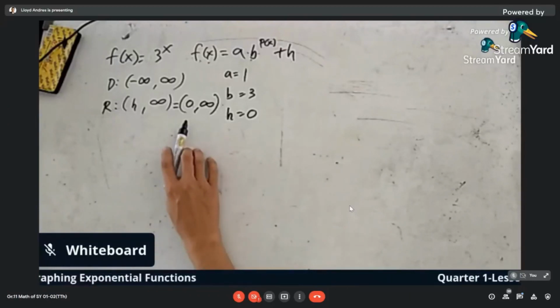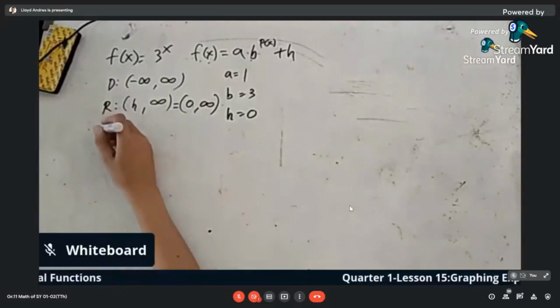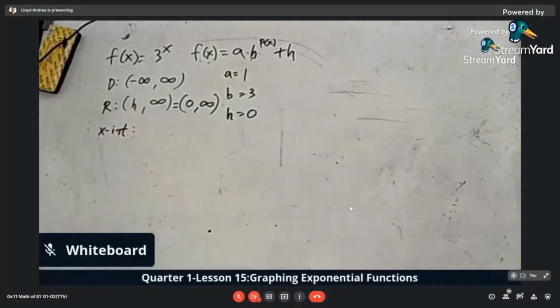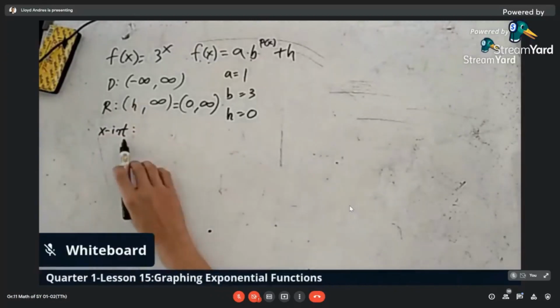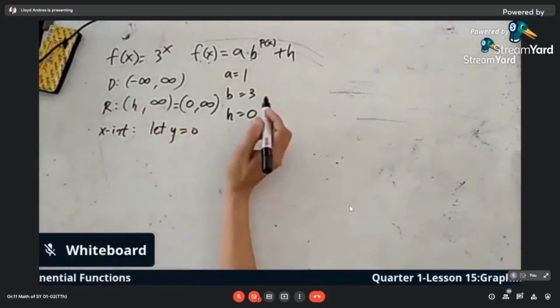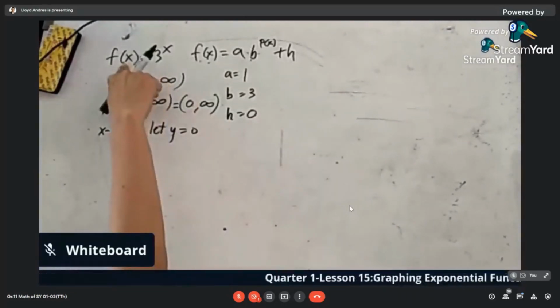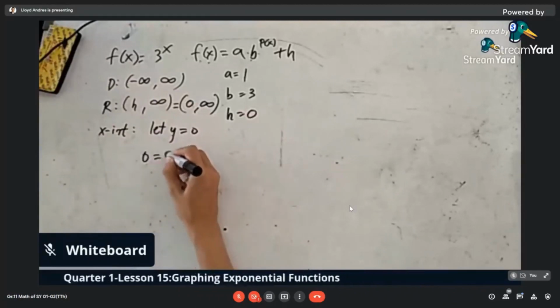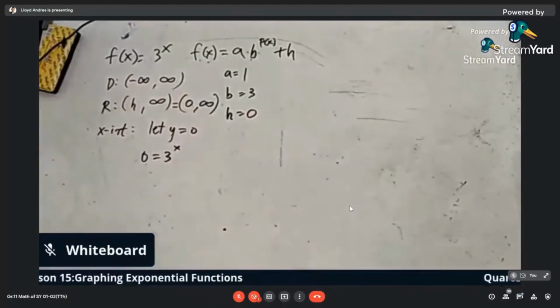That's our range. Next, how do we solve for the x-intercept? For the x-intercept, we simply let y equal 0. So from the given, f of x is y, so 0 equals 3 raised to x.